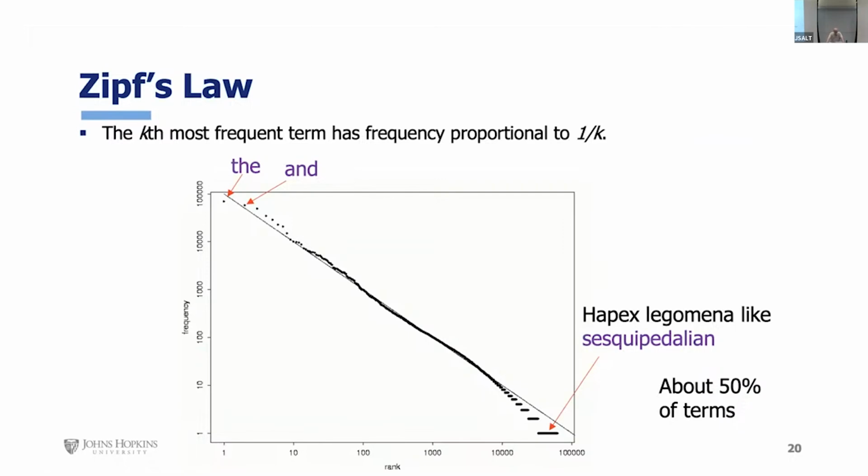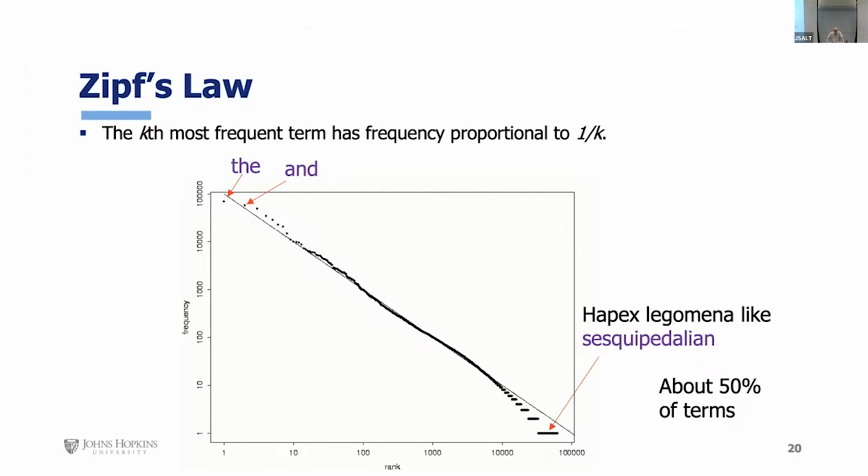So here's an example of one English collection where we've counted all the words, and counting words is a big thing in information retrieval. We've counted all the words, and we see that if we put it on a log-log scale with frequency on the y-axis and rank on the x-axis, we get pretty much a straight line.